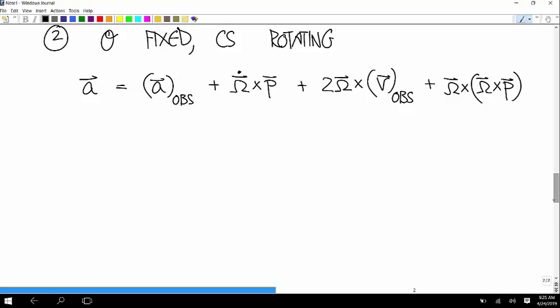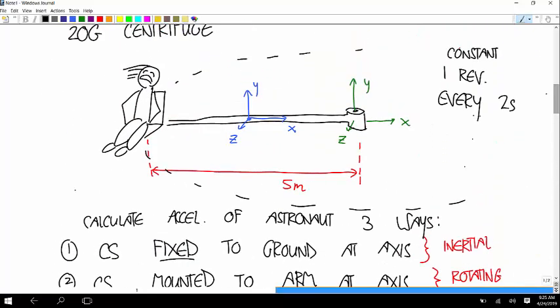So let's figure out what these individual parts are, and then we'll put it all together. First of all, position vector in this coordinate system. The coordinate system is still located here, but it's rotating with the arm. In this instant, what's the position vector? Negative 5, 0, 0.